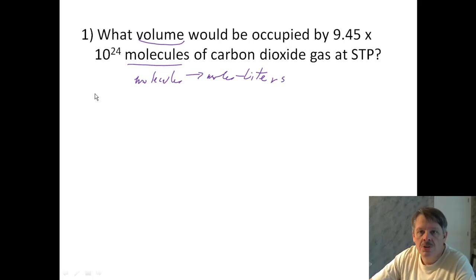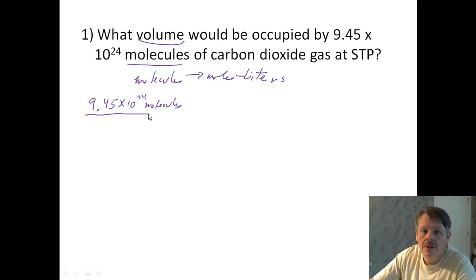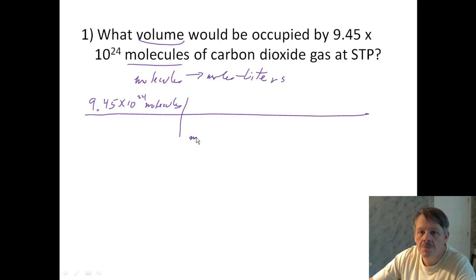We have two conversion factors we have to use, and because grams are not mentioned, we don't have to calculate anything. So we can just start with 9.45 times 10 to the 24th molecules. And we are going to convert from molecules to moles. And then from moles, we have to convert to liters. Dimensional analysis.